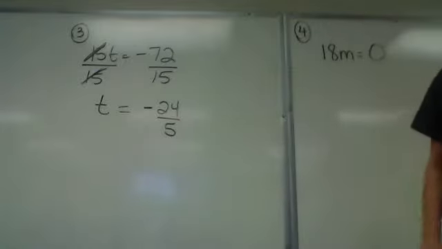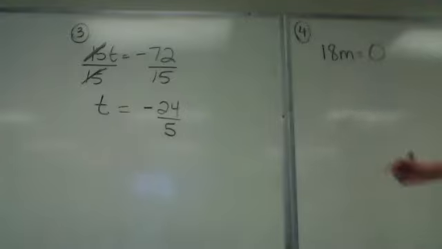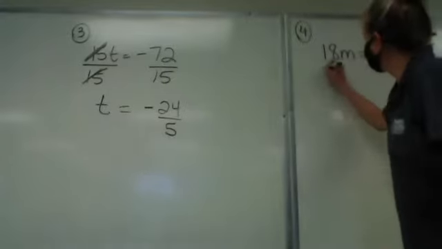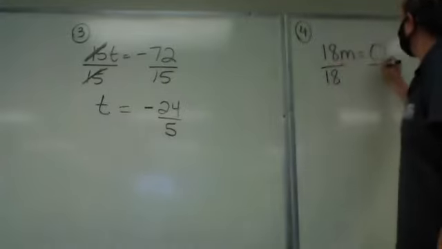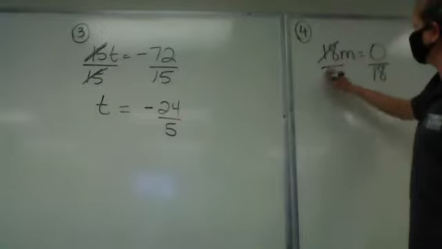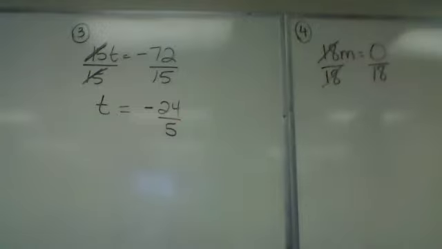All right. Number 4, 18m equals 0. Once again, you're dividing by whatever is hooked on, which in this case is the 18. So the 18s cancel.